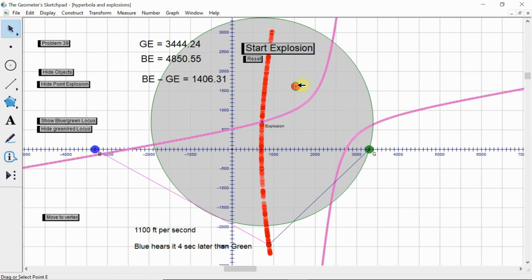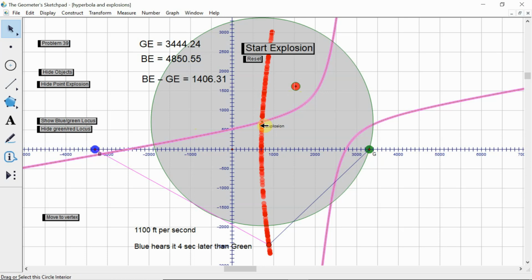So here I've created a new random point and made a hyperbola between green and red, and that means the explosion must have been right there. They would set up 3 of these listening posts to triangulate, but in this case we're really using hyperbolas to generate the single point of where it must exist.